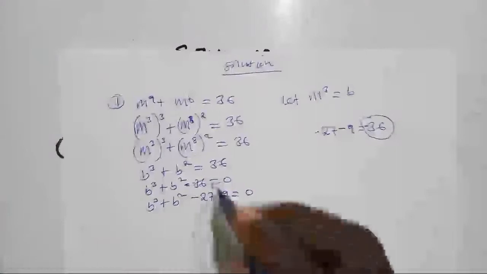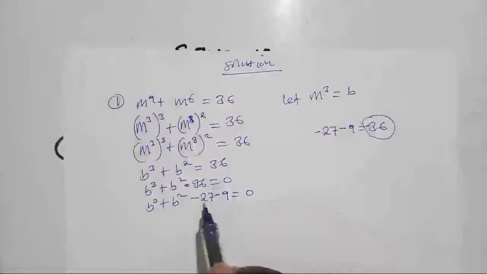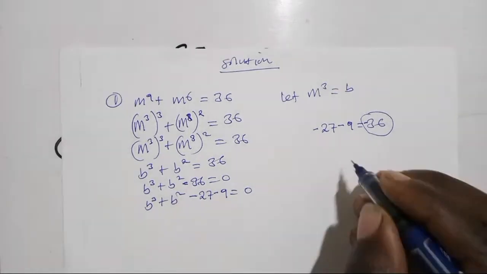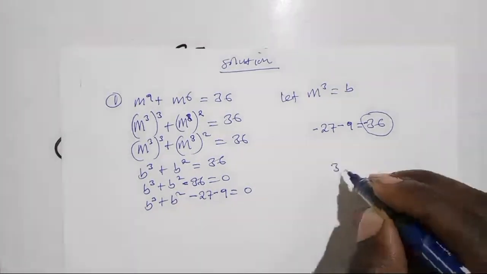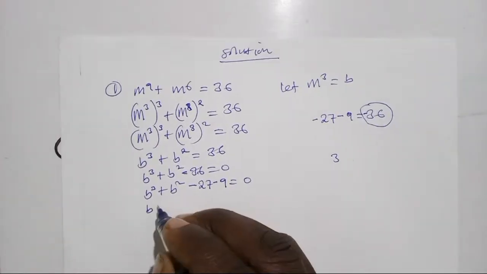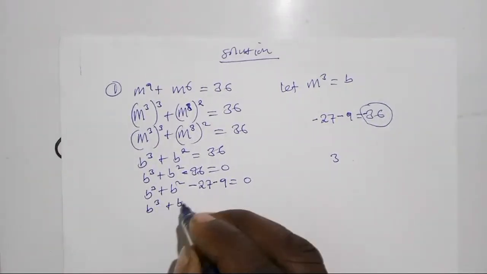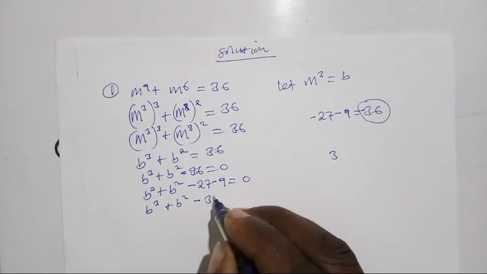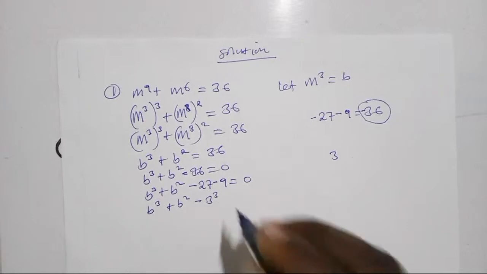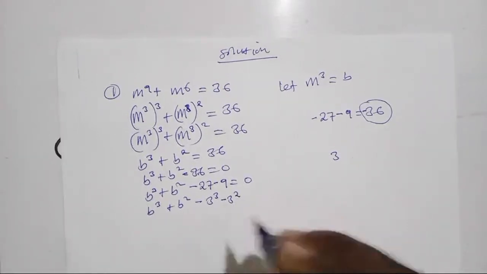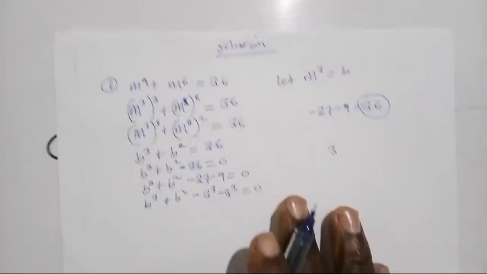Now here, if you can see, we have to make 27 and 9 with a common base, in which we are going to get 3 as a common base. So it will be b cubed plus b squared minus 3 power 3, it is 27, right? Then minus 3 power 2, it is 9, which is equals to 0.